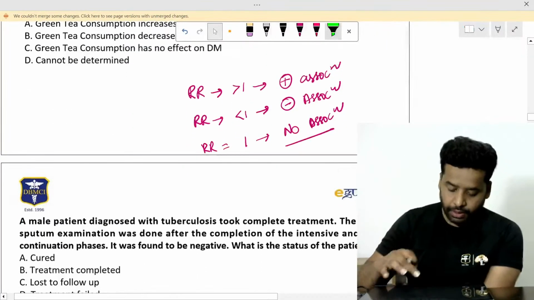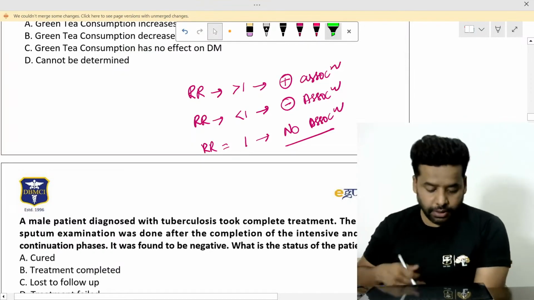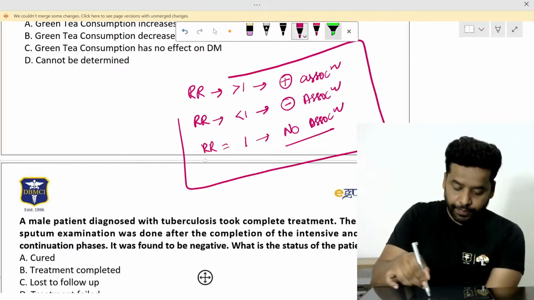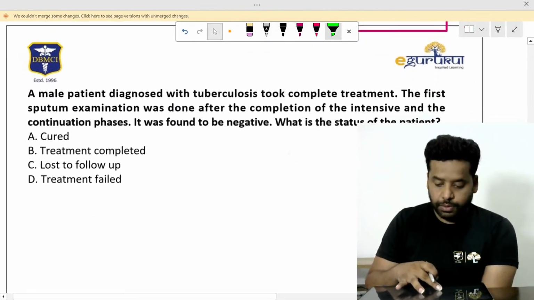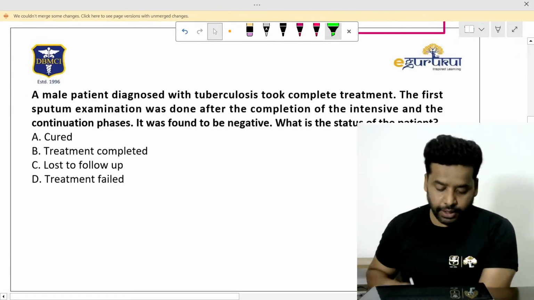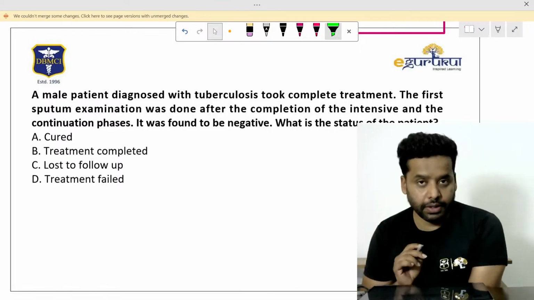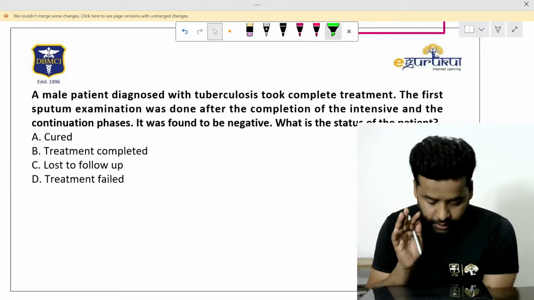See the next question. The patient is on tuberculosis treatment. Sputum examination is done after the intensive phase and continuation phase. So the patient will be taking treatment for how many months? 6 months.